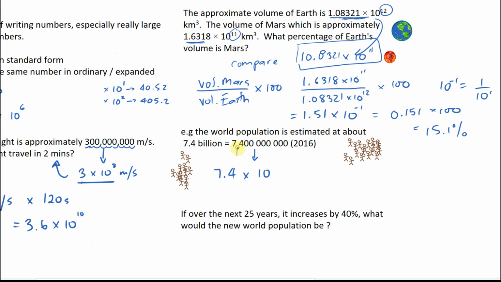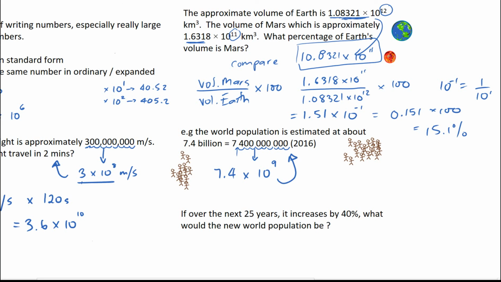So if the decimal point was there, we'd need to multiply it by 1, 2, 3, 4, 5, 6, 7, 8, 9 powers of 10. So 7.4 times 10 to the power of 9 is the same as 7.4 billion.